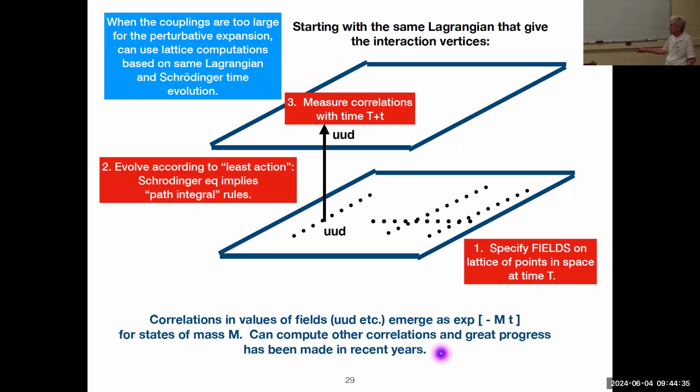And we can compute other correlations, and this is what it's all about when you hear people talking about calculating PDFs and TMDs and soft functions and just everything on the lattice. It's all, in spirit, at least I think I've captured the spirit here, derived by starting from the viewpoint of using the spirit of the Schrodinger equation to tell you how you go from a set of fields to a set of neighboring fields, and doing this for a statistically large amount.